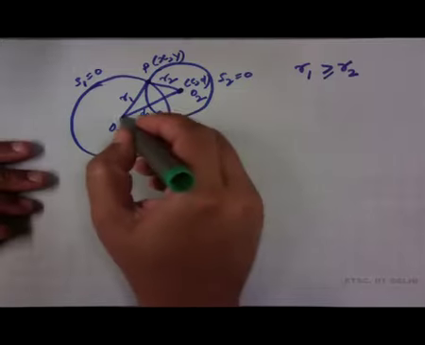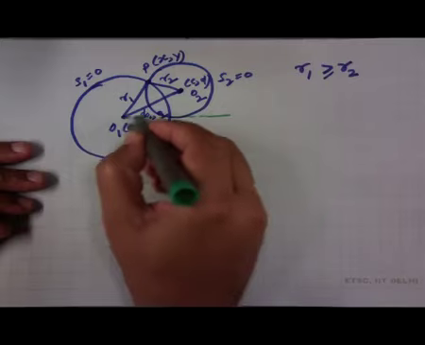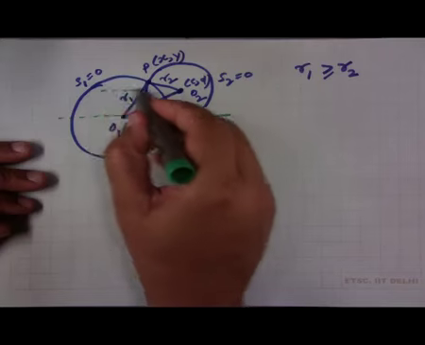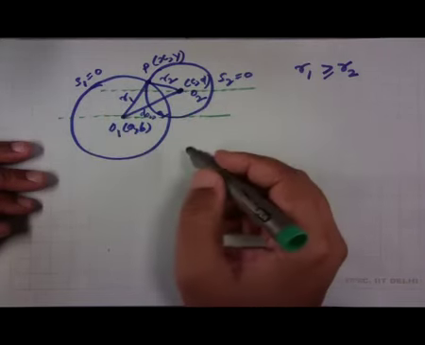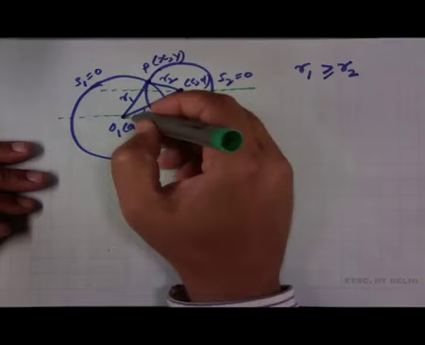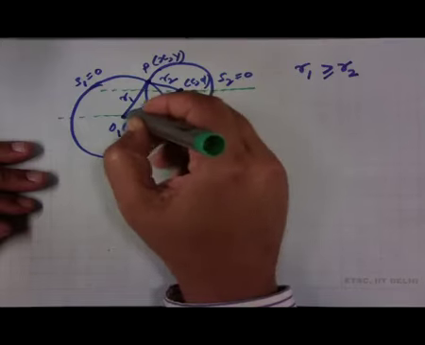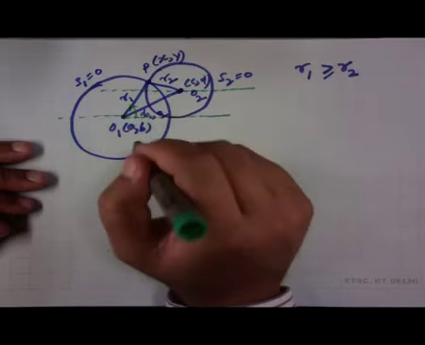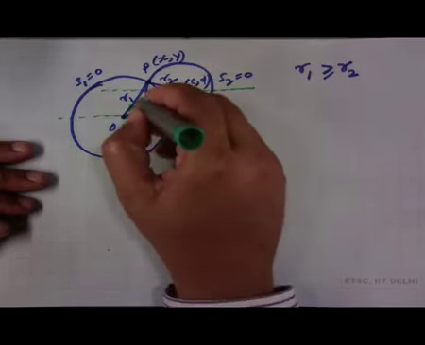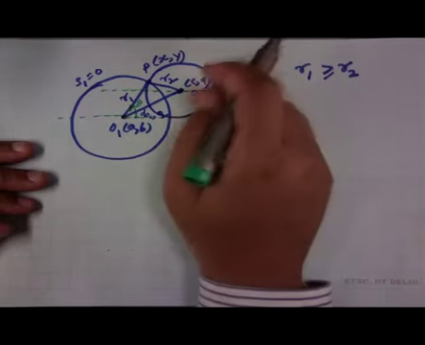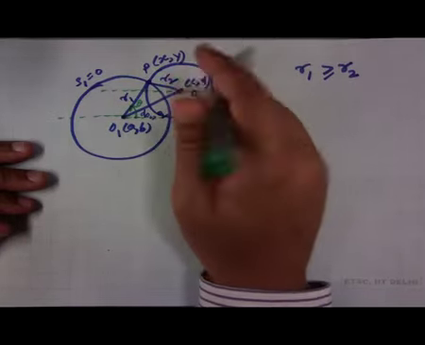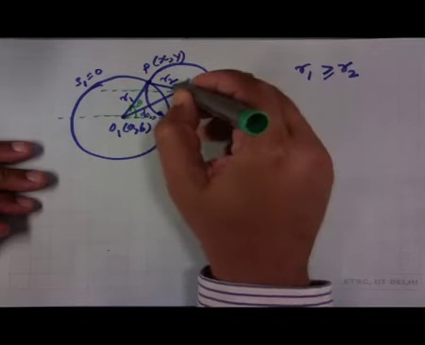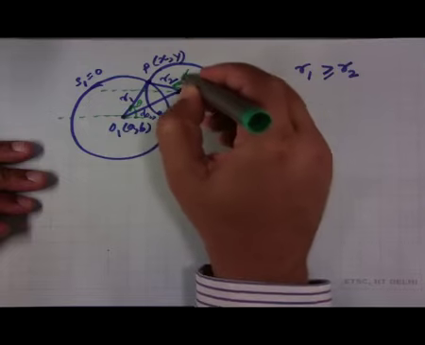Let us say that this green dotted line is parallel to the x axis, and so is this green dotted line also, and the angle of O1P with respect to the x axis is theta. Similarly, the angle of O2P with respect to the green dotted line is denoted by phi.